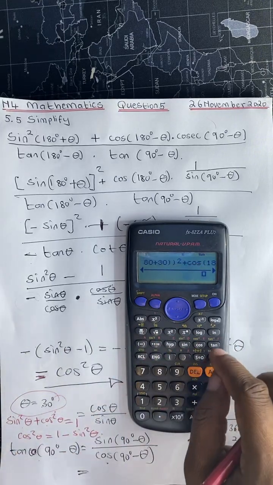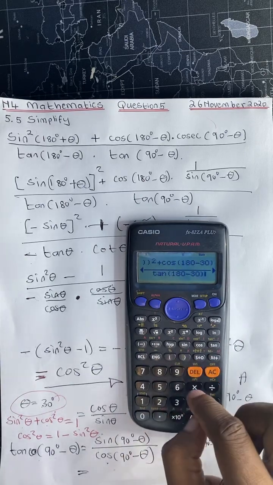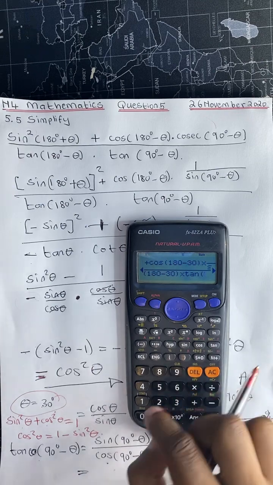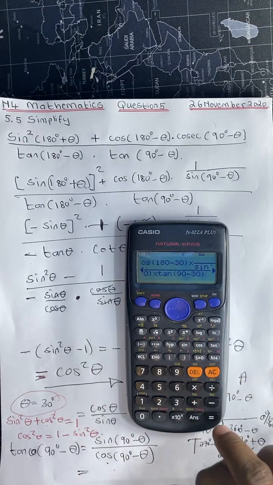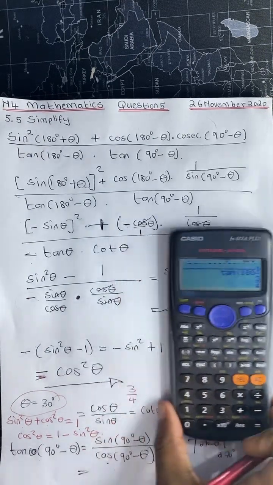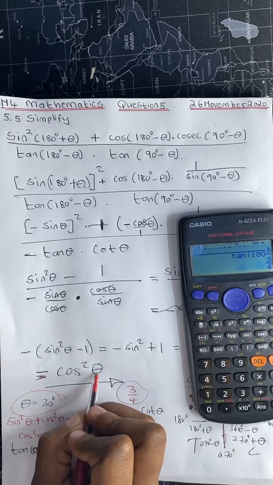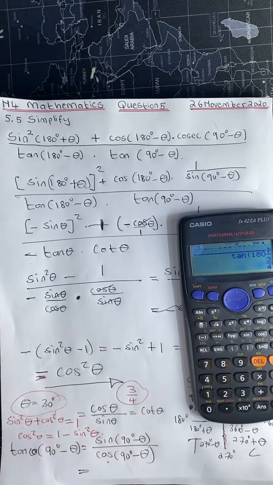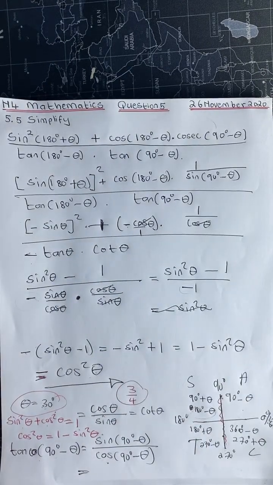All of this will be divided by tan of 180 minus 30 multiplied by tan of 90 minus 30, and we are expecting 3 over 4. So this will be equal to 3 over 4. So that means we didn't make any mistake, because when we substituted 30 degrees for theta here, it also gave us 3 over 4. So that's it for question 5.5 and question 5.